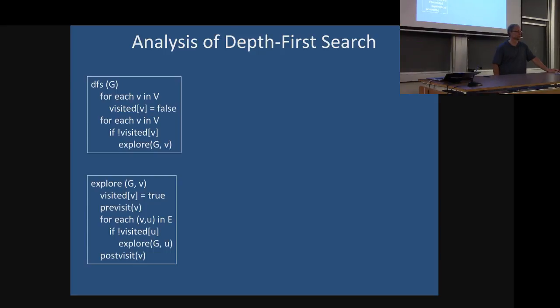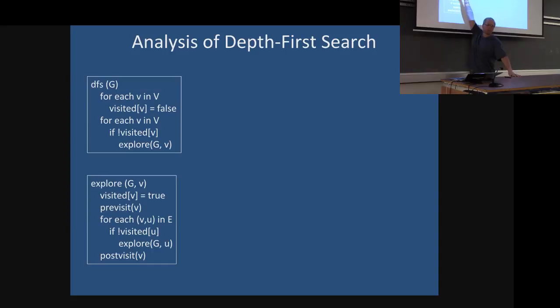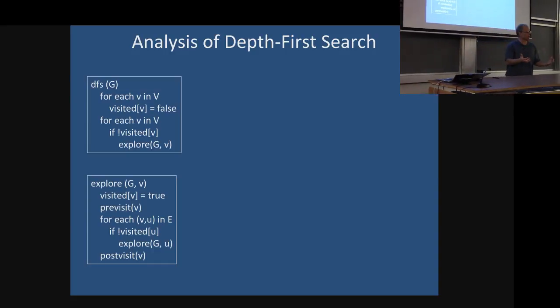We have a recursive call, but we don't know the size. Right. The problem that we're recursively calling on. We make this recursive call up here. But for any particular recursive call, how complex will that be? It might bottom out right away, or it might do a whole lot of work. Furthermore, how many times do we call explore from DFS?